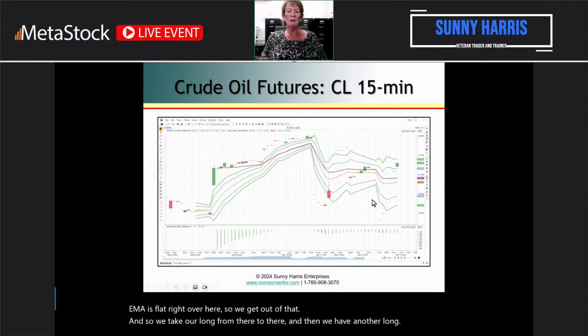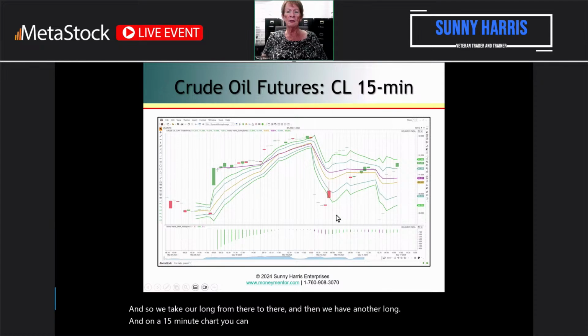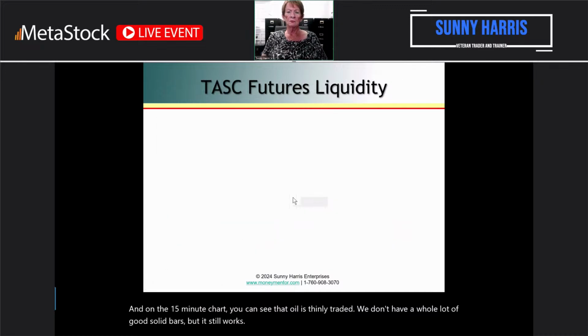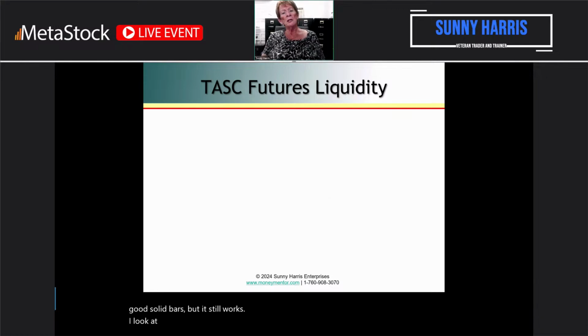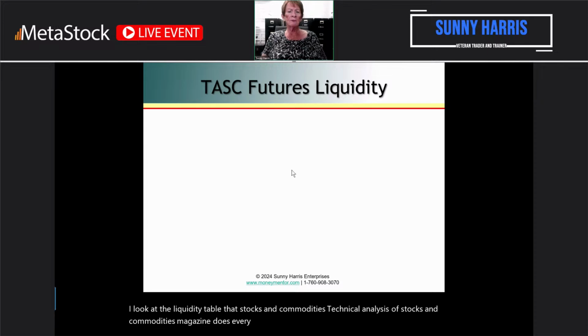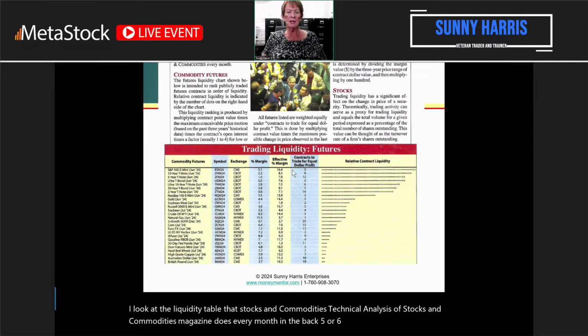And on a 15-minute chart, you can see that oil is thinly traded. We don't have a whole lot of good solid bars, but it still works. I look at the liquidity table that Technical Analysis of Stocks and Commodities magazine does every month. In the back, 5 or 6 pages, they'll have this table.